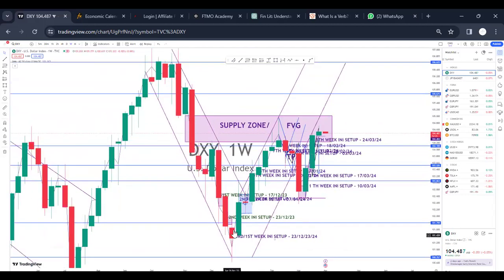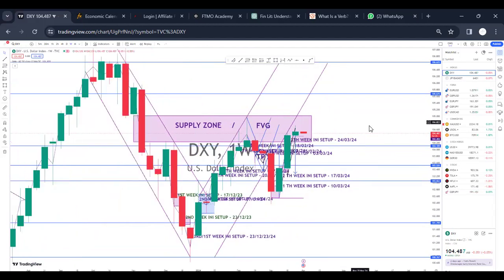It comes from this bottom, comes here, and then comes back. So here it looks like a pullback or retracement. That is what is happening here. So it's a very good upward trend, right? And this is going to continue for a long time. That is what I'm saying.